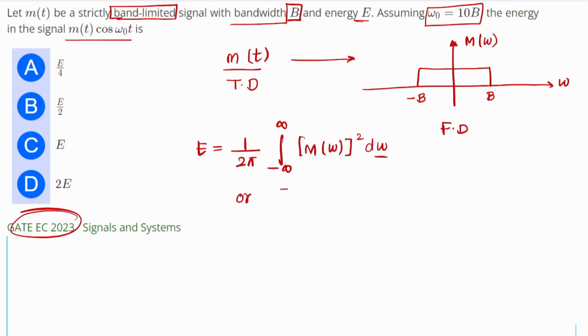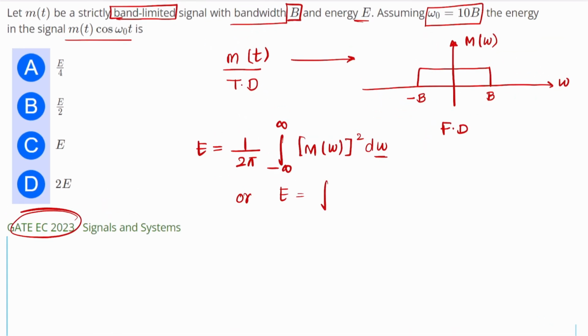Otherwise, if we want to calculate it in frequency, then it will become integration from minus infinity to infinity of |M(f)| whole square df. Since the question given here is in terms of omega, as we can see cos omega naught t, we will be continuing in terms of omega only. I am assuming the amplitude of this M(omega) signal to be 1.